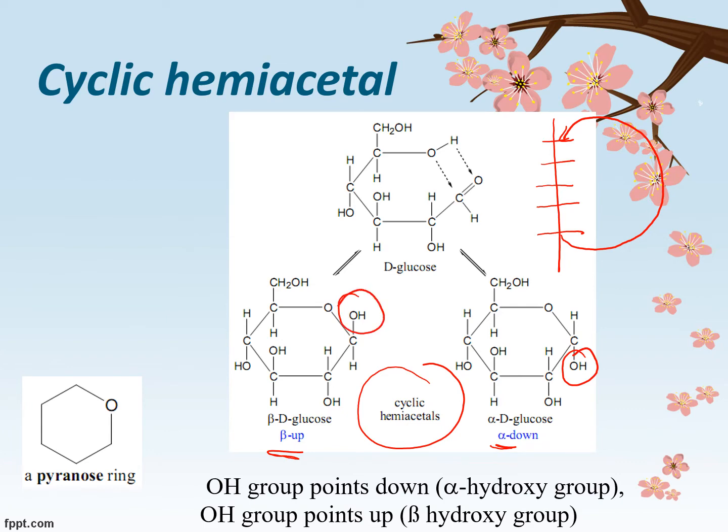So up is beta, alpha down. The way you can remember this is using the Malay terms, but it's the opposite. A is atas, but instead the OH is bawah. B is bawah, but instead the OH is atas. It's the opposite. That's how you remember it.